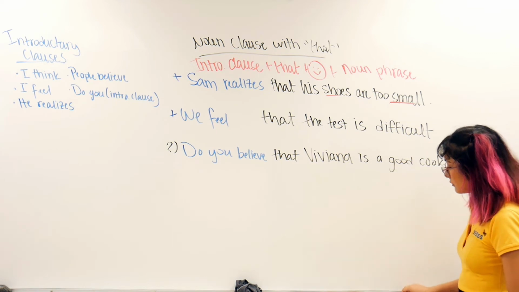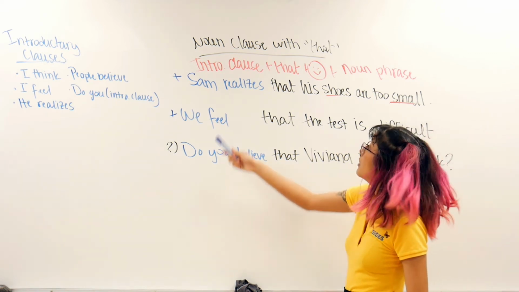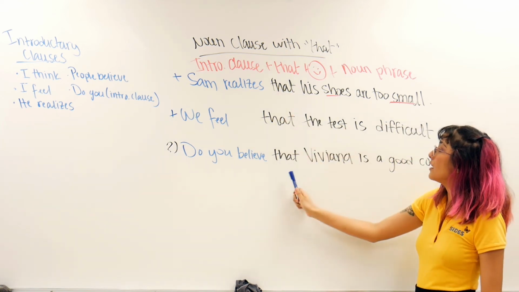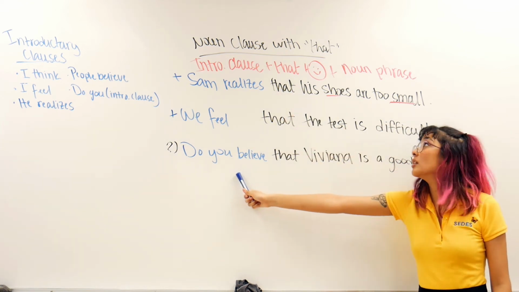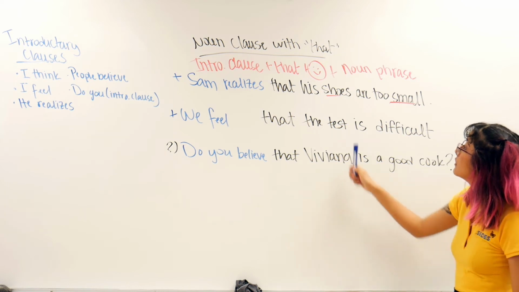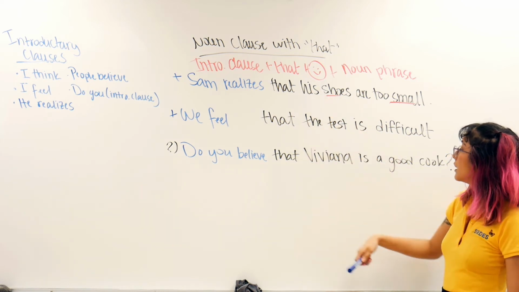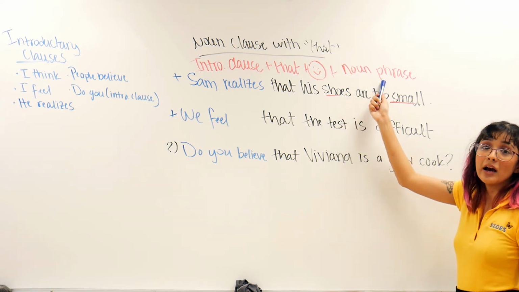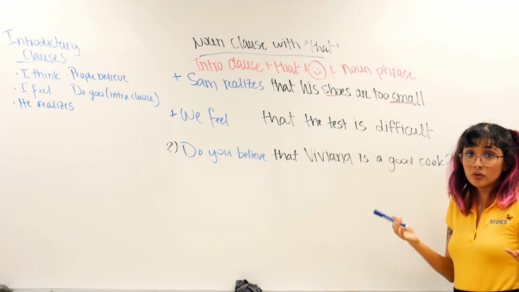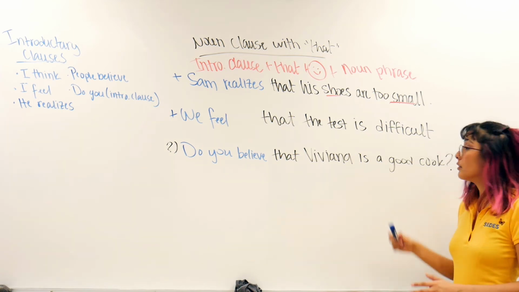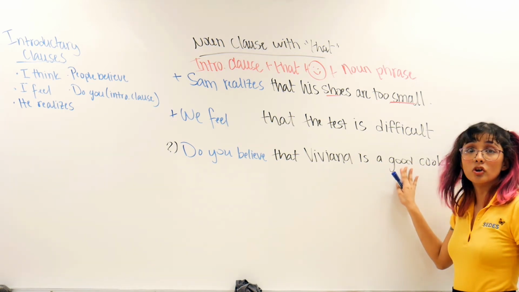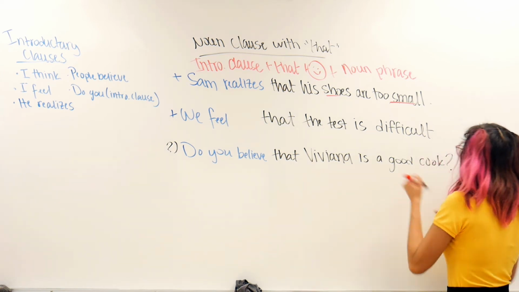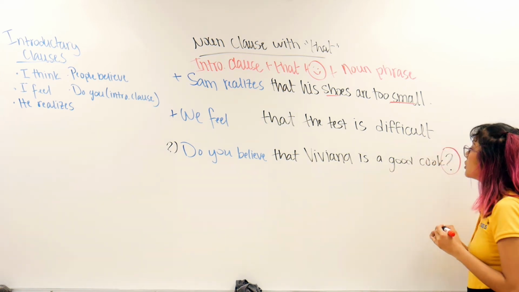So here, I still have my introductory clause, do you believe, and that to connect it with my noun phrase. My subject is Viviana, and is a good cook is my noun phrase because I'm asking you to describe my cooking. Cooking is your noun, good is your adjective, and of course the most important part is that you have to use your question mark.